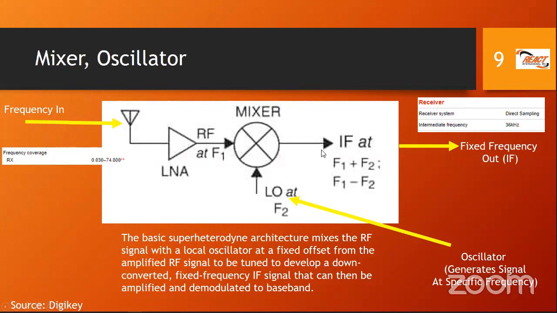So you just need to know that what a mixer does, it mixes the incoming frequency with a locally generated oscillator frequency and outputs what we call the IF frequency. And the oscillator is what generates that local frequency that the mixer uses to mix with your incoming frequency to generate your IF.